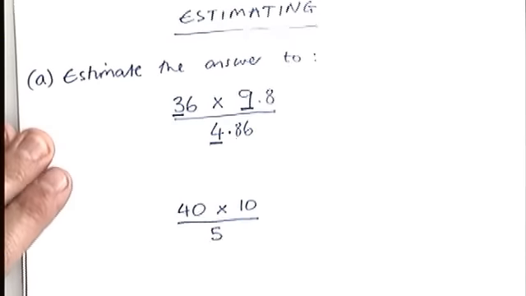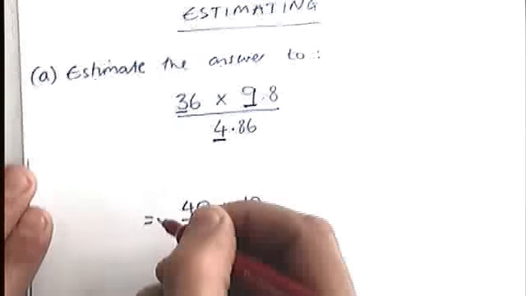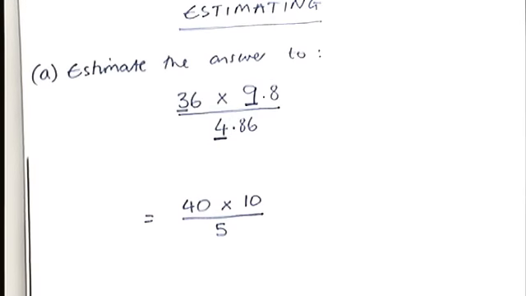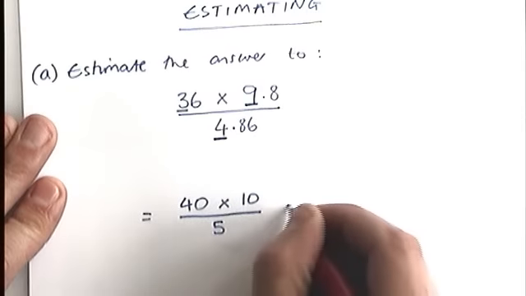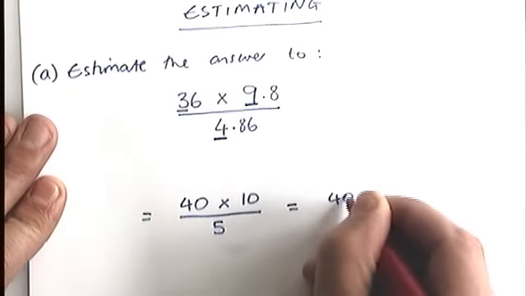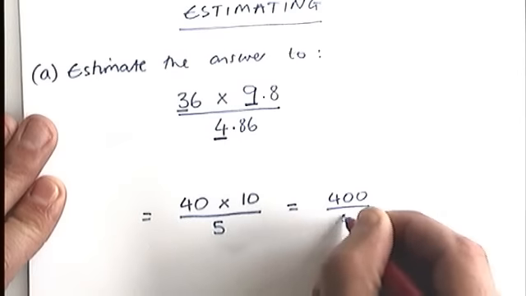And now you can see that what we've done is we have made what looks like a complicated sum to do quite easy. And that's the point of estimating. You've got to be able to do it really in your head. So this number here is going to be 40 times 10, 400, divided by 5.